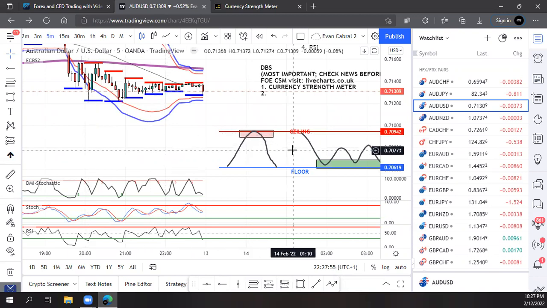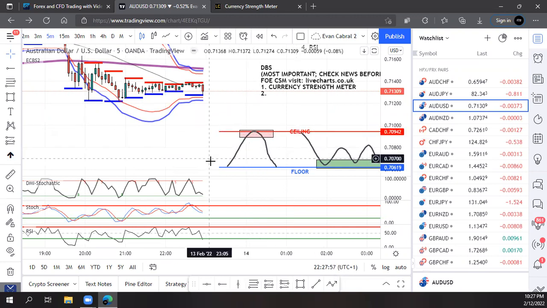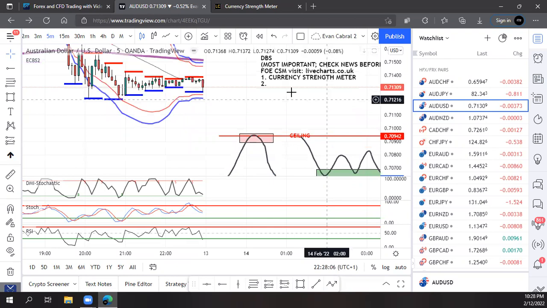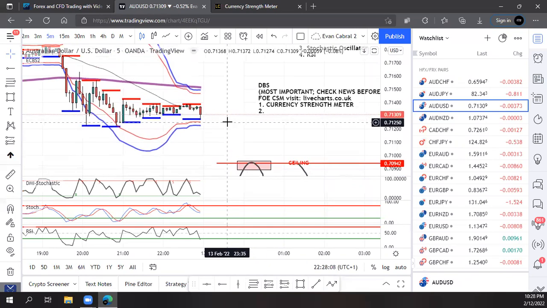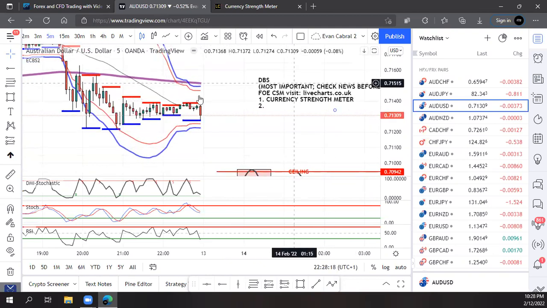So talking about ceiling, talking about floor, guess what? This also gives us those areas. So if you're new to trading and you don't know how to identify your support and resistance, your floor and ceiling, guess what?